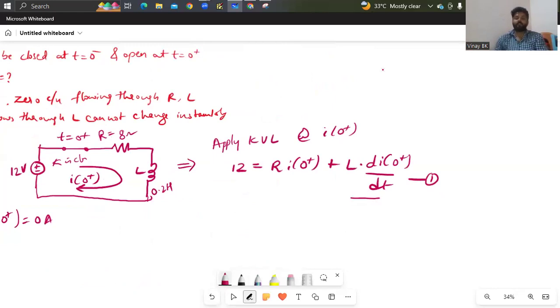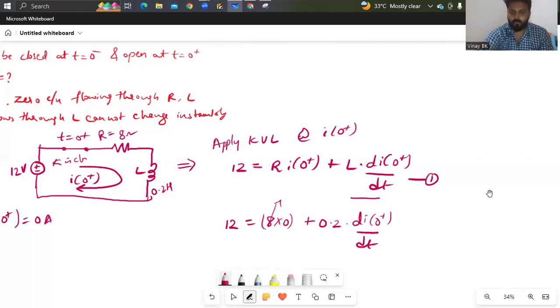You know the value of current, resistor and inductor. I'll substitute here. 12 equals R value 8 into current value 0. I of 0 plus is 0, so it becomes 0. Plus the value of inductor 0.2 into di of 0 plus, that we need to find, divided by dt.